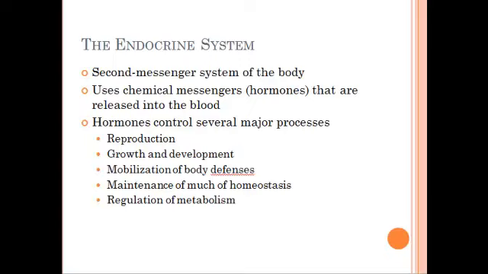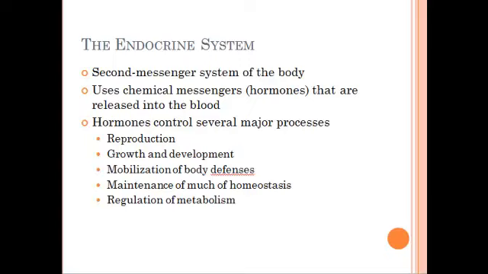However, it will be dealing with things like reproduction. So we have our steroid hormones that are dealing with reproduction, growth hormones, and development, thyroid, metabolic type hormones, body defenses as well. Hormones will trigger these defenses to be carried out.